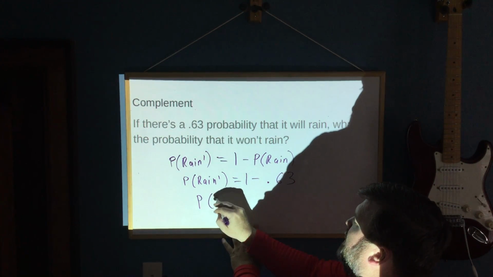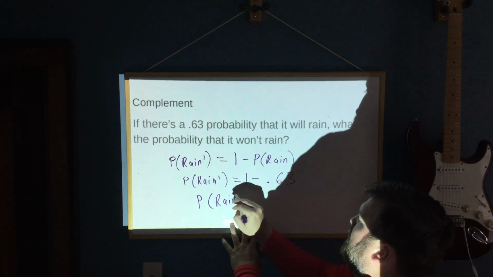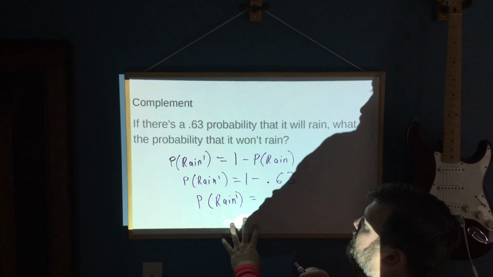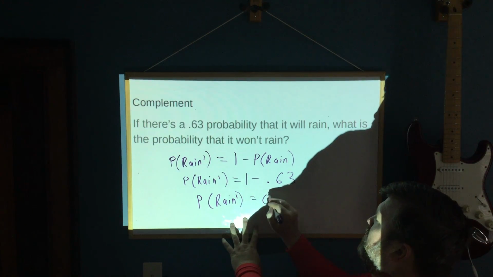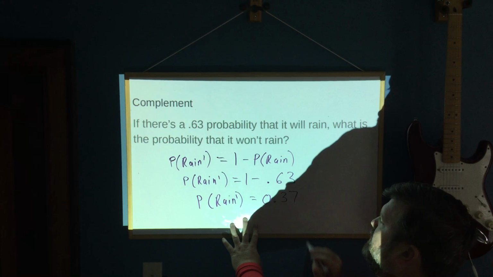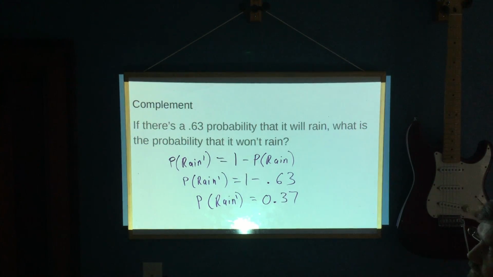So the probability that it won't rain is 0.37. That's all there is to the complement.